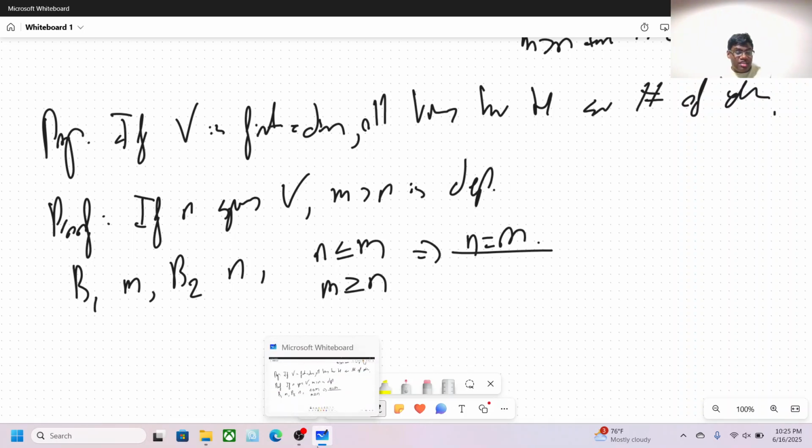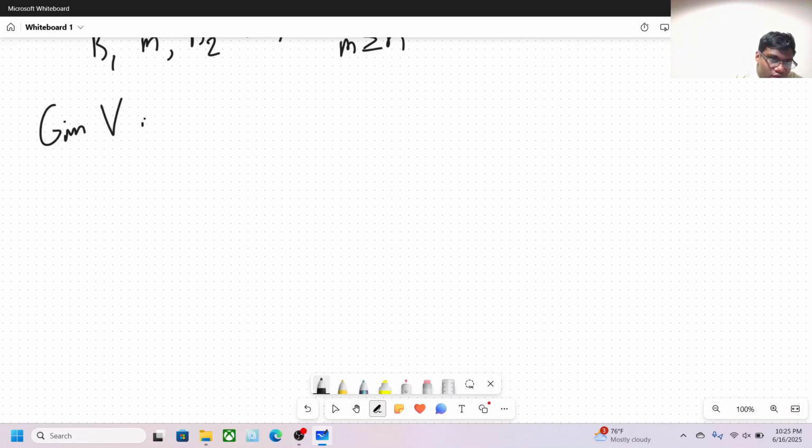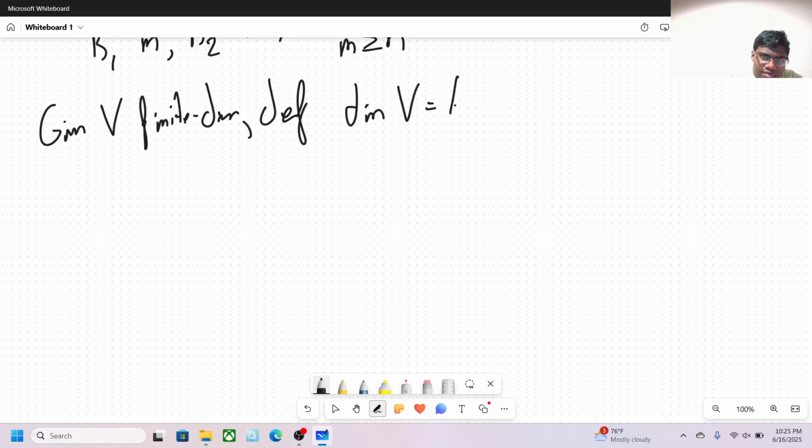And so this makes the following thing well defined. Given V finite dimensional, define dim V to be the number of elements in a basis.